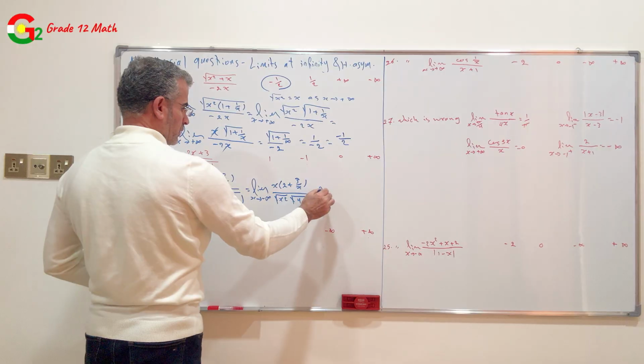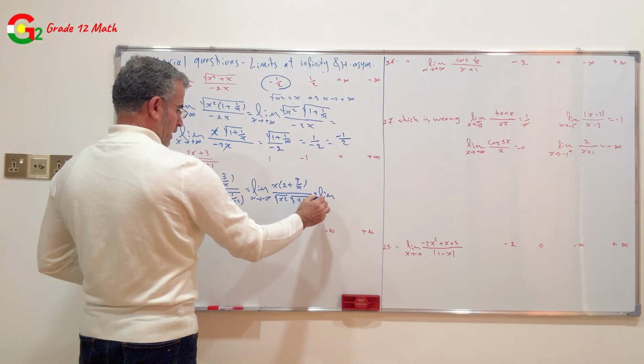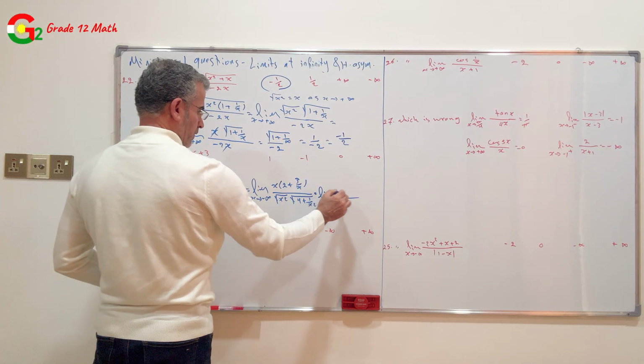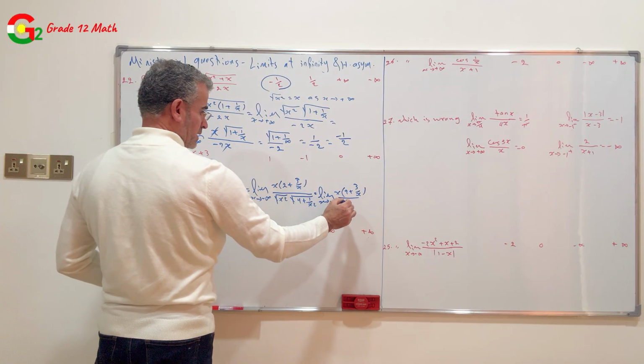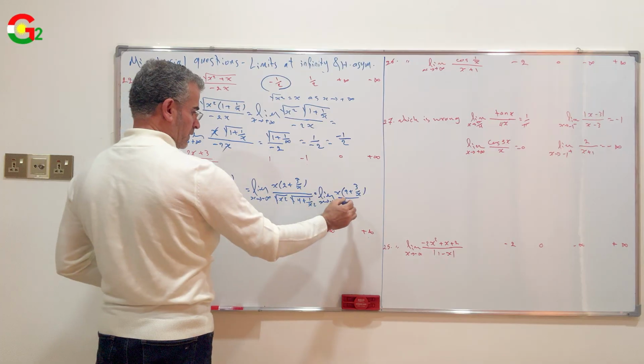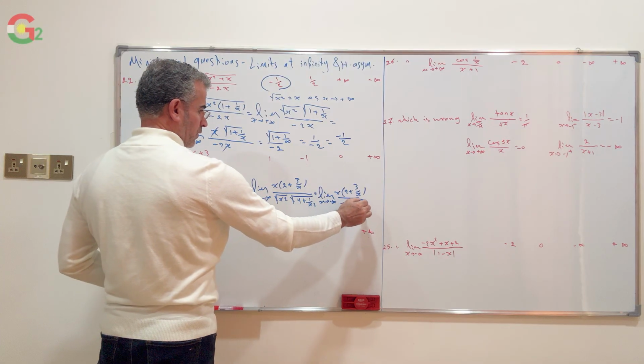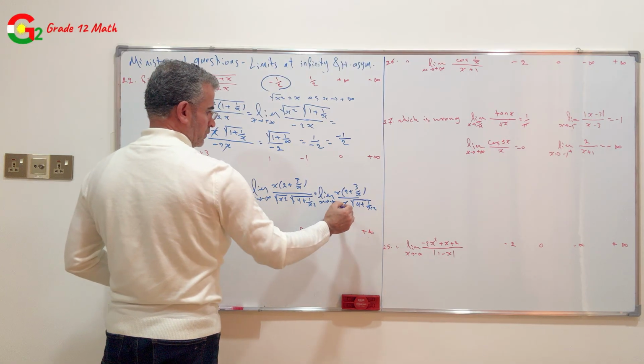Therefore, the limit will be x times 2 plus 3 over x, over negative x times the square root of 4 plus 1 over x squared.